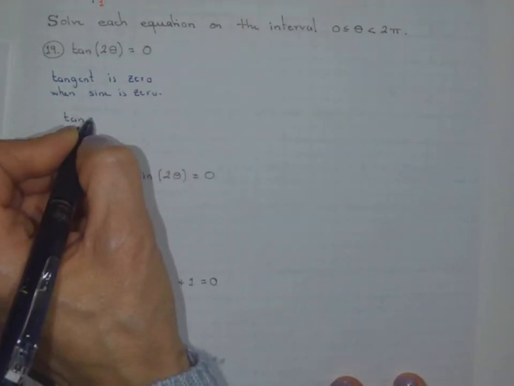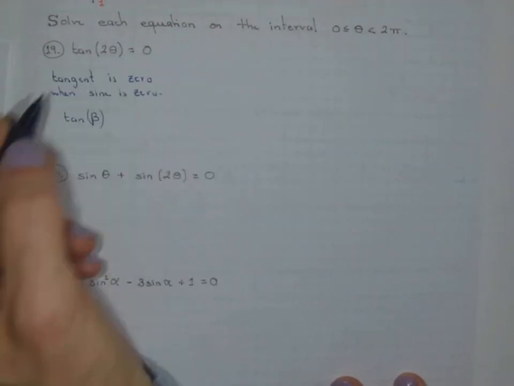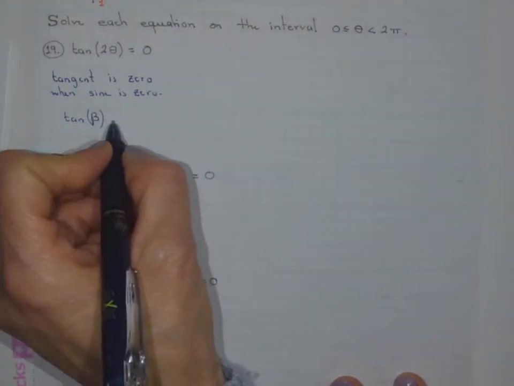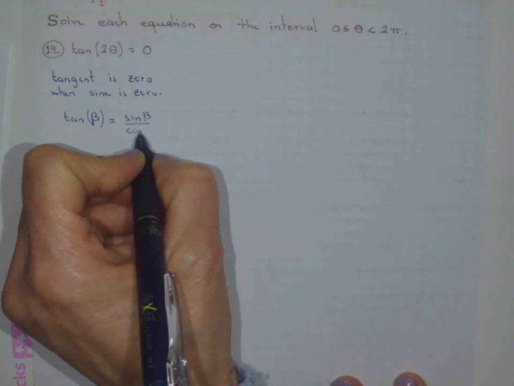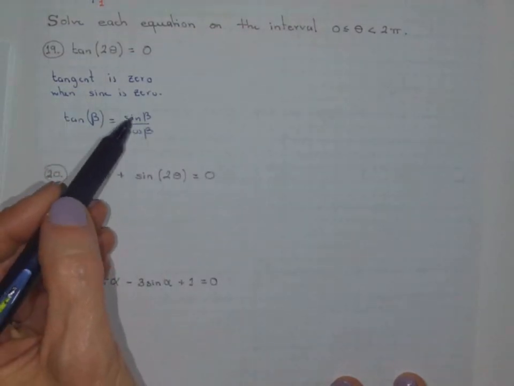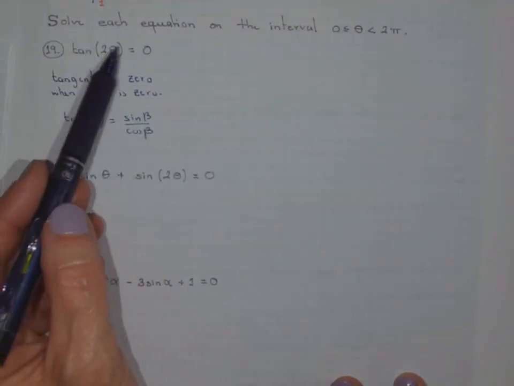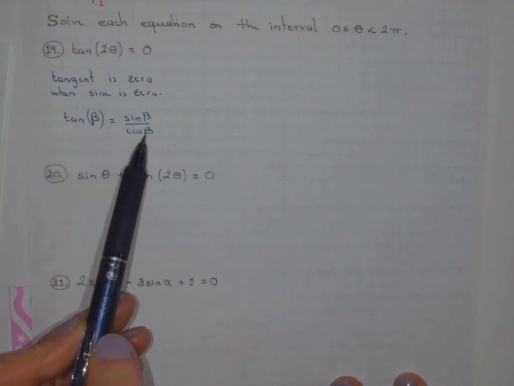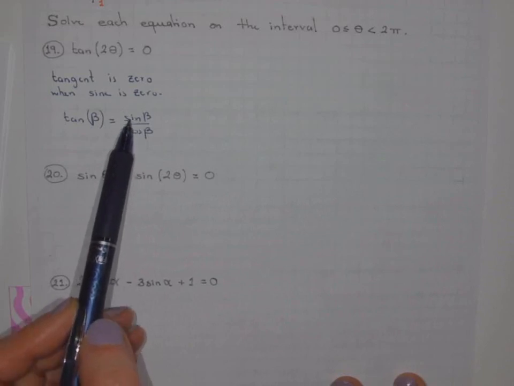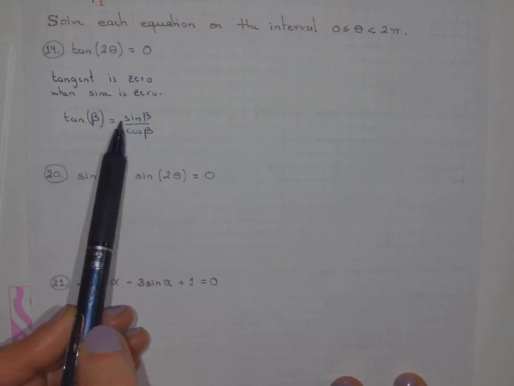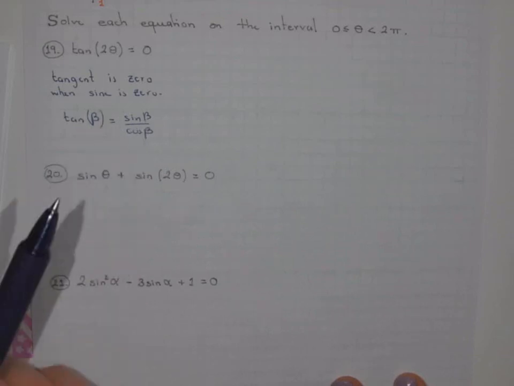Tangent of an angle, let's call it beta so we don't have the same thing here, is going to be equal to the sine of that angle over the cosine of that angle. Well, which one of those two has to be 0 for the tangent itself to be equal to 0? Well, it can't be cosine, because if cosine is 0, this whole thing is undefined, right? Because we cannot have a denominator of 0. So it has to be the sine. So tangent beta is going to be 0 when the sine is equal to 0.